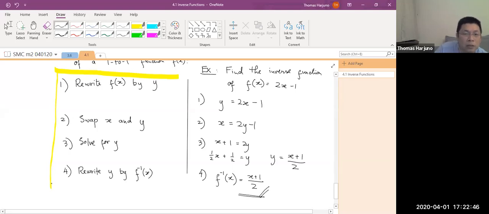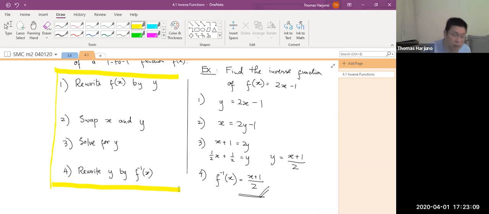Now, that's the procedure to find the inverse function of a one-to-one function. Now, let's do some problems first from here, and then I explain more.